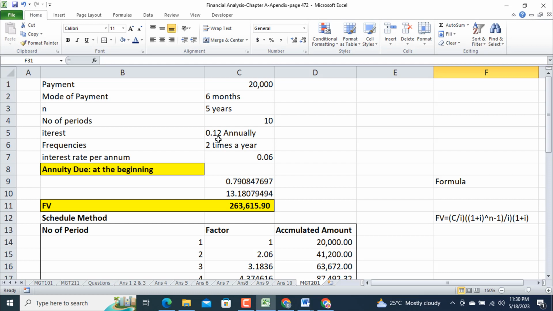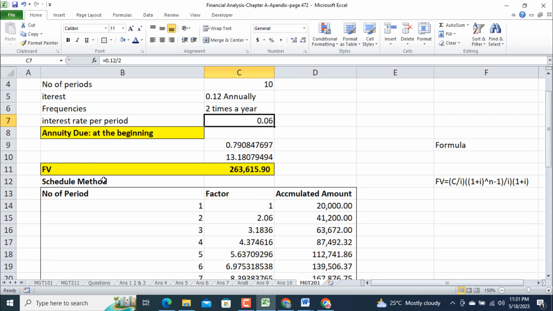As I just told you, the frequency is 2 times a year, so the interest rate per period is 0.06 or 6%. It is obtained by dividing the annual interest rate by the frequency 2.